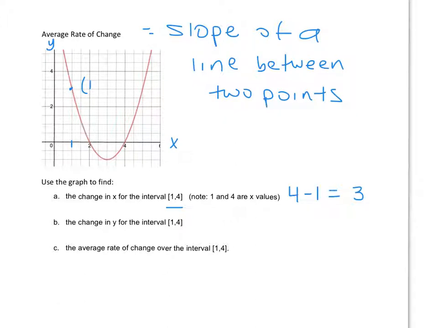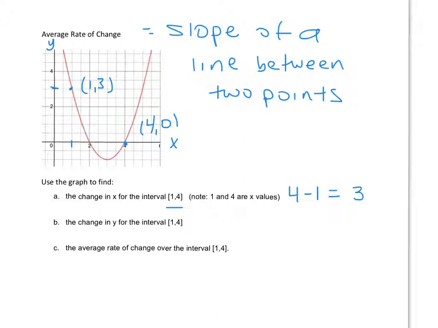We can identify that point as the x value of 1, comma, the y value of 3. So there's one of the y values, the one that goes with 1. Then we go to x equaling 4, and here's that point. So for x is 4, y is 0.